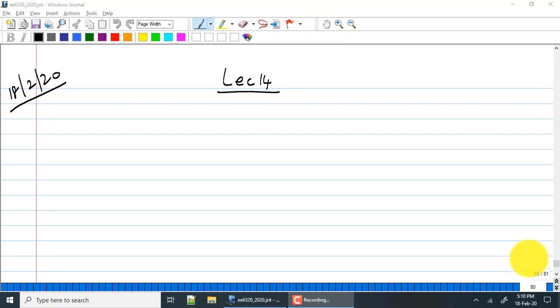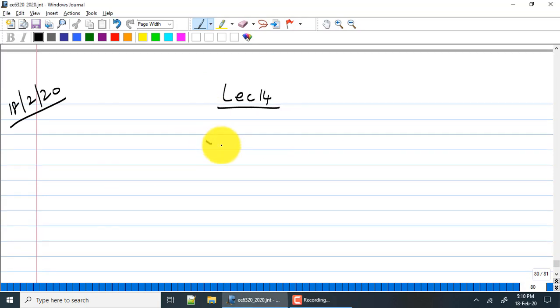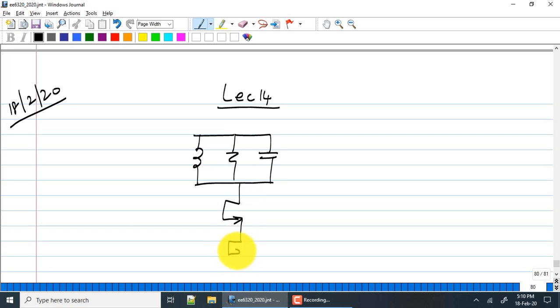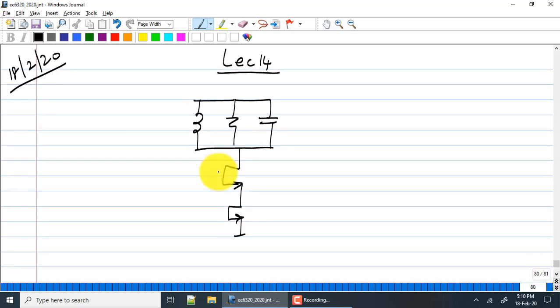Okay, so we need to get back to the noise analysis of the LNA. So remember that you have the cascode LNA.